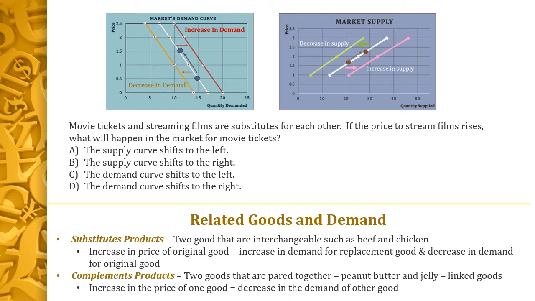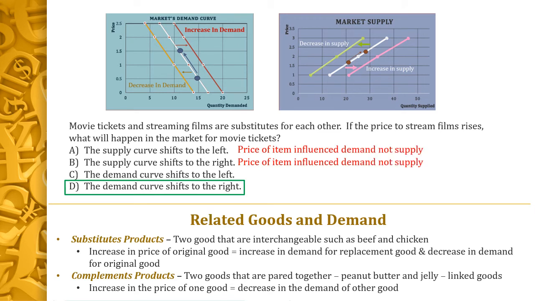So that means that you should be able to eliminate two of those right away. So in case you haven't figured out by now, it is the demand curve to shift to the right. Now we can eliminate supply because remember, price of an item influences demand, not so much about supply. And even so, it's going to be going up and down a curve, not left or right.